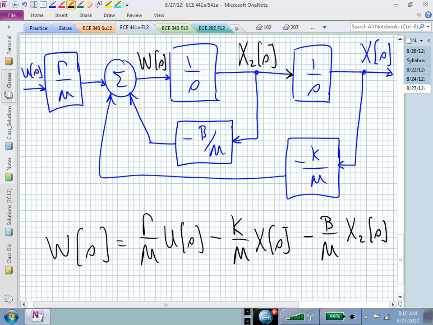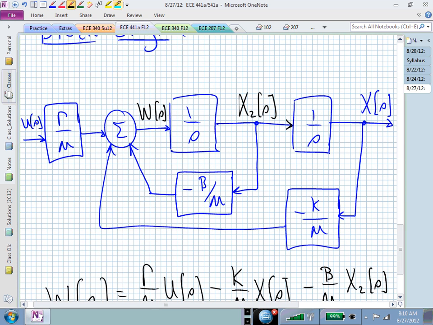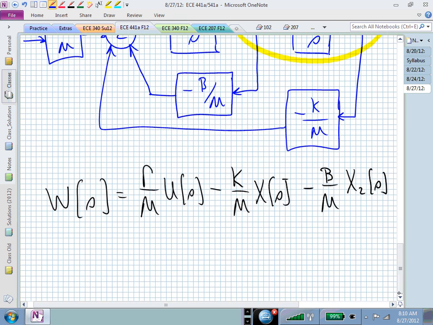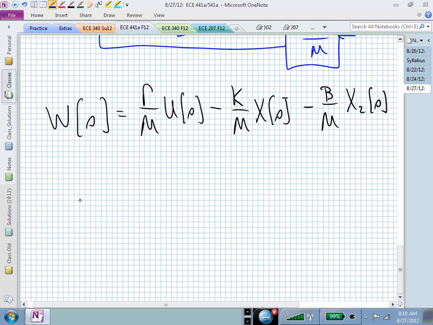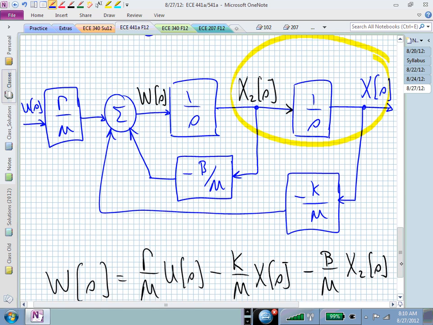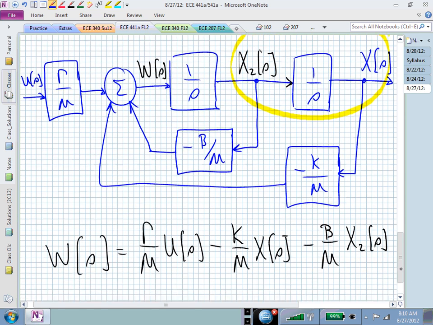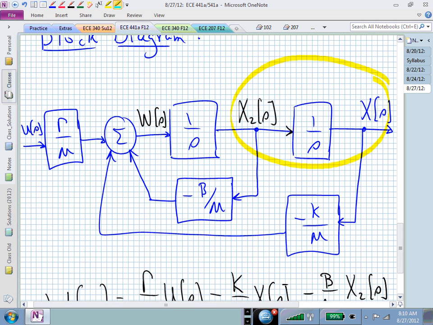But if we look at this piece of the block diagram, we can find a relationship between X sub 2 and X. And we could also look at this particular piece. So that's what I'm going to do first.